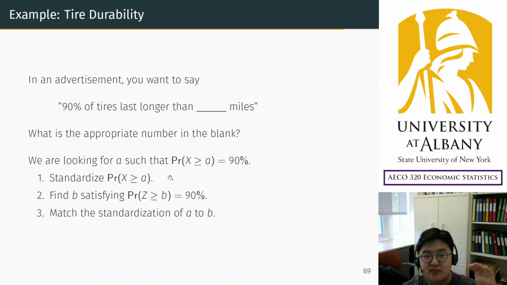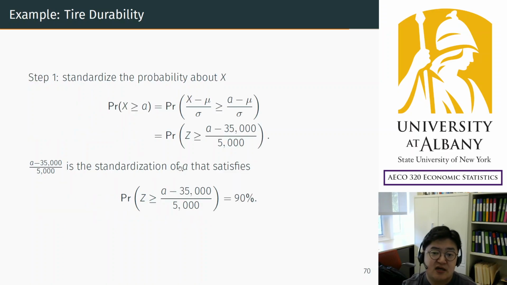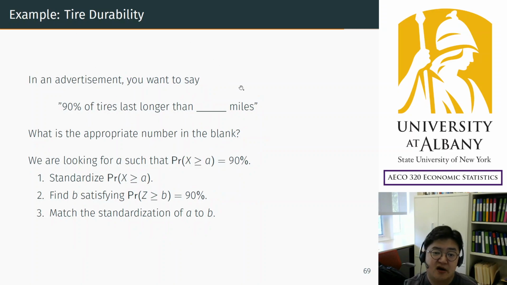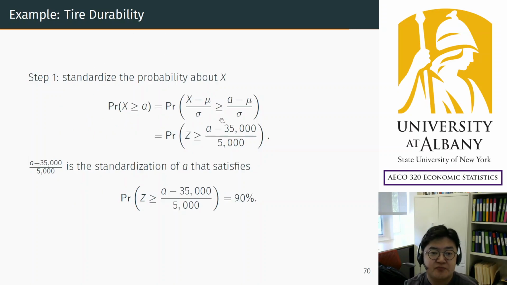Or like the 10 percentile. The 10 percentile is obtained from the standard normal distribution. Now, in the third step, we match the information from the left side and the right-hand side, right? So then we match A and B to obtain A. Let me show you how to solve this specific question.